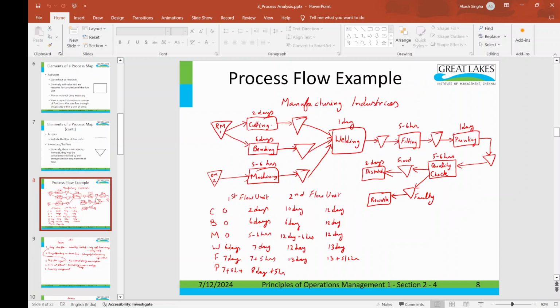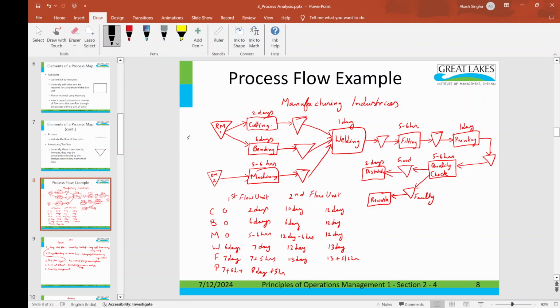Okay, so this problem. This takes 2 days, this takes 6 days, and this takes 5 to 6 hours. Raw material came to these three on the 0th day, the first flow unit.